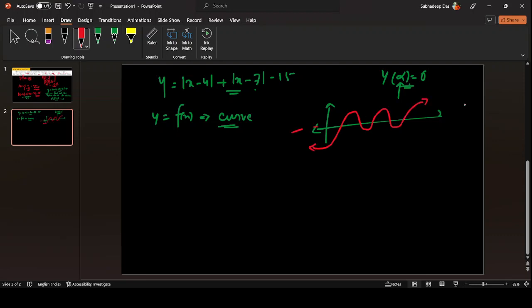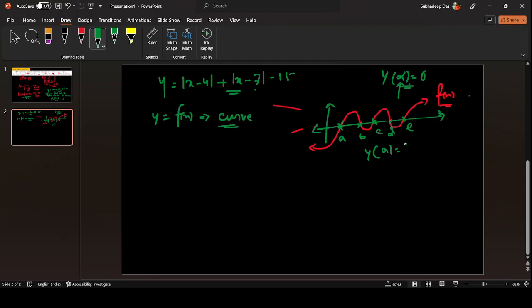It is the function f(x), and we can draw the graph on our coordinate axes. Consider these points, say a, b, c, d, e, where the curve cuts the x-axis.